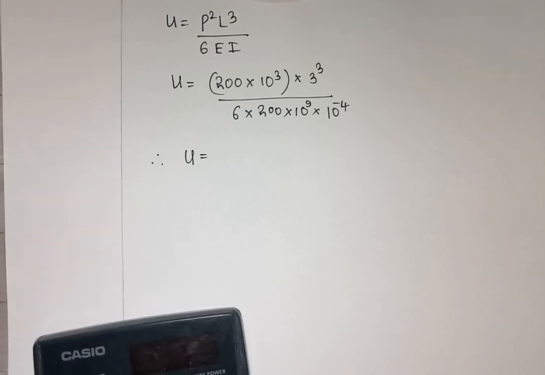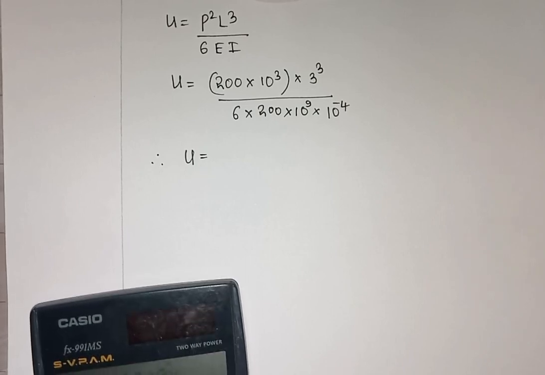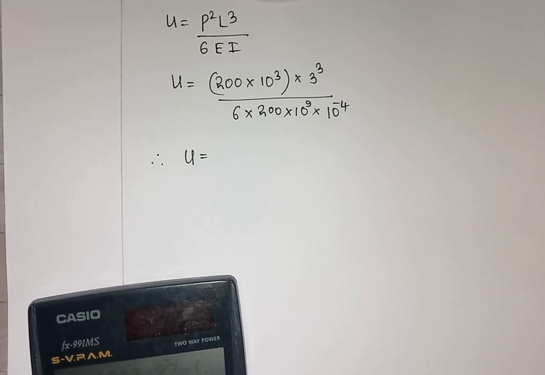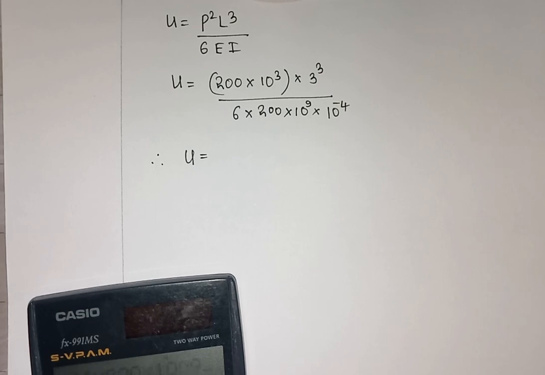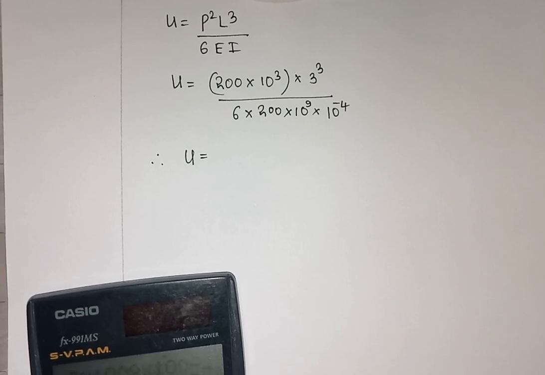It is 200 into 10 raised to 3 into 3 cube, that is 27, divided by 6 into 200 into 10 raised to 9 into 10 raised to minus 4.